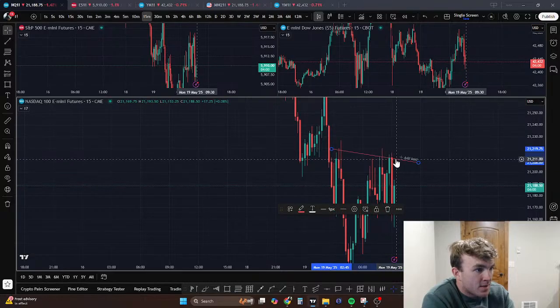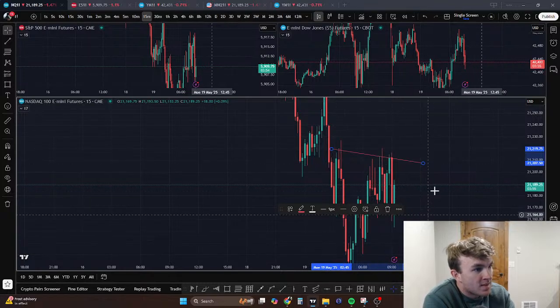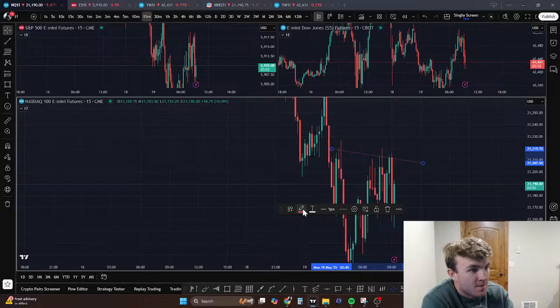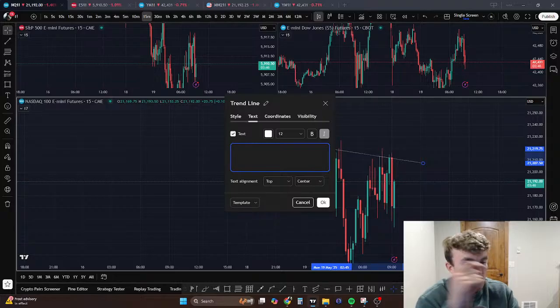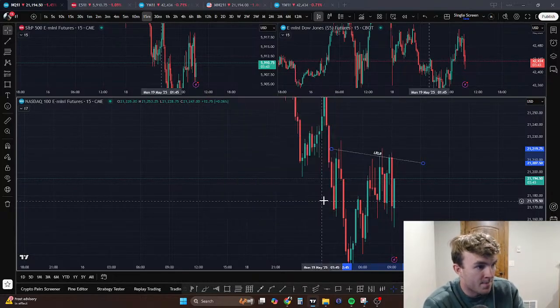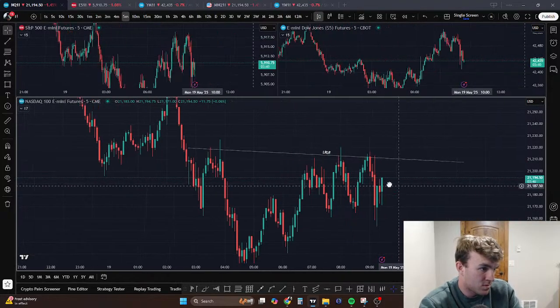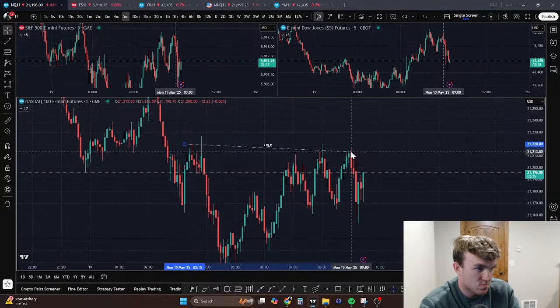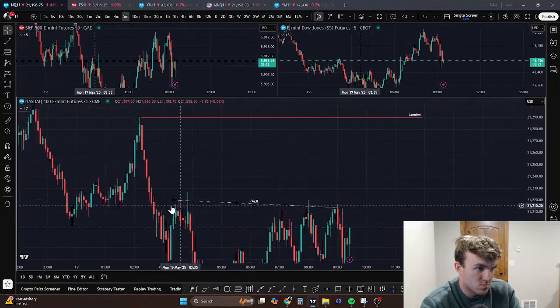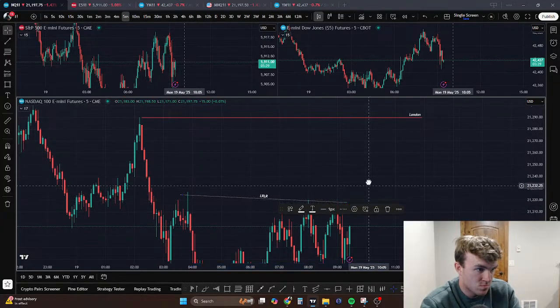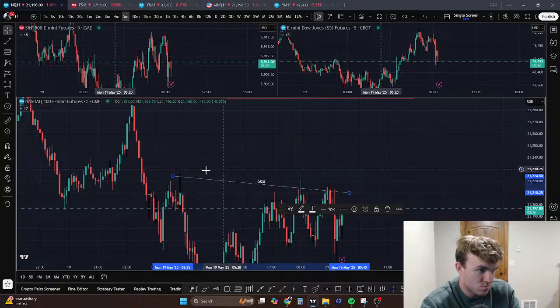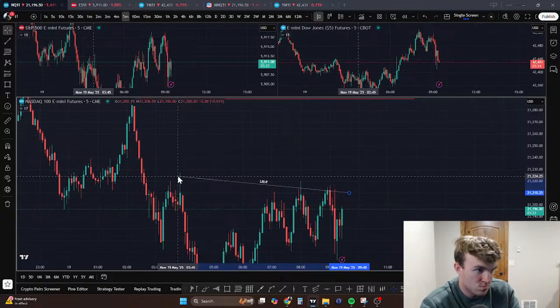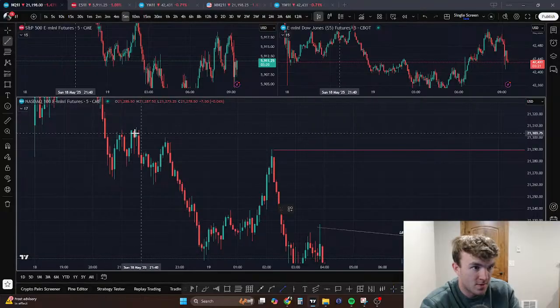I wouldn't be surprised if we come up here and make more liquidity and then manipulate down on market open and then we run it at 10 a.m. That's honestly what I could see happening. So yeah. And then more LRLR here.